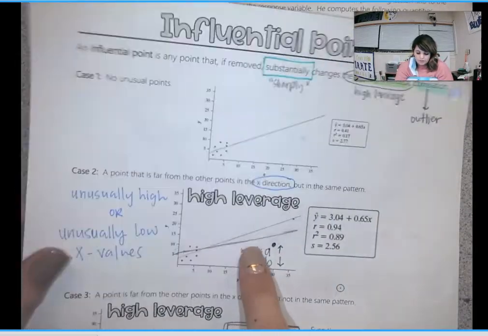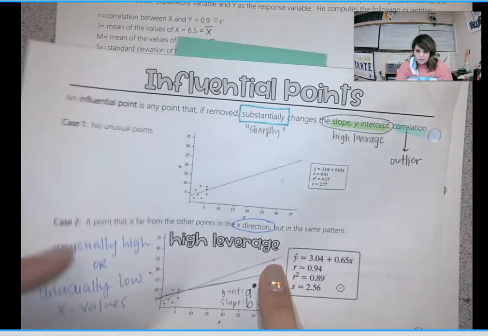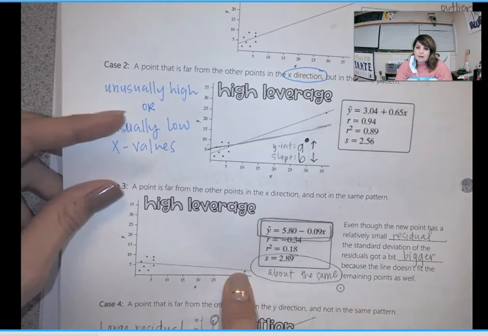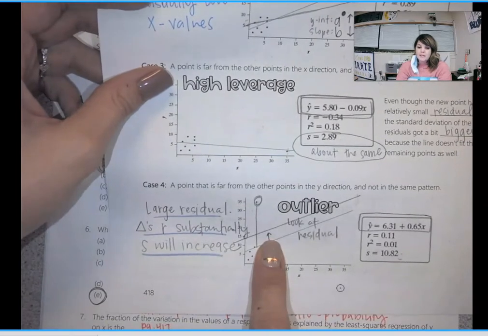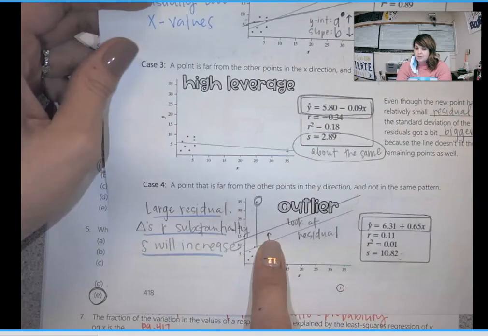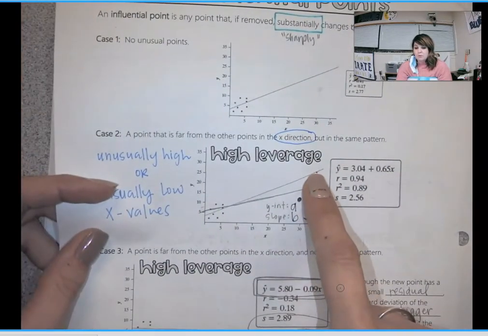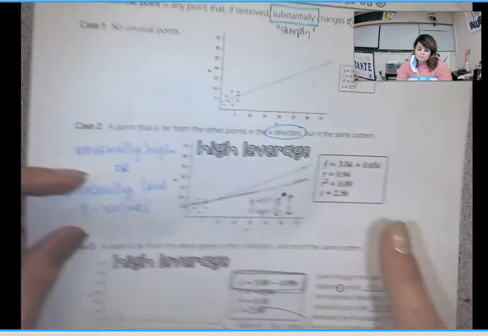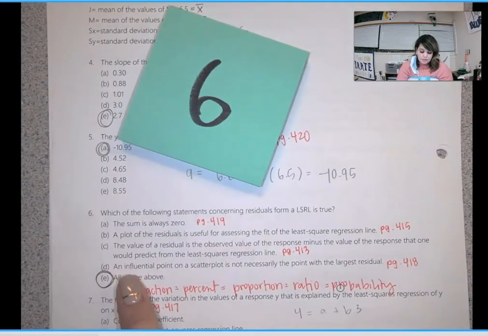So you can see here that this is an influential point and this is an influential point, and they don't have high residuals. So yes, influential points can have a very large residual, but they don't always have to have one. You can have an influential point that has a residual of 0 and still be very influential. So I know that D is true.